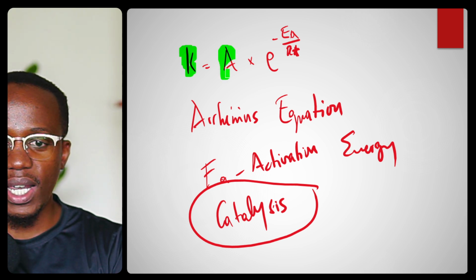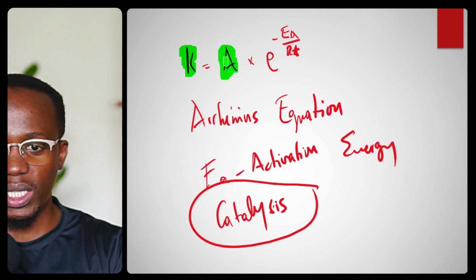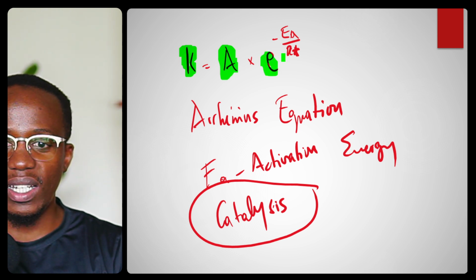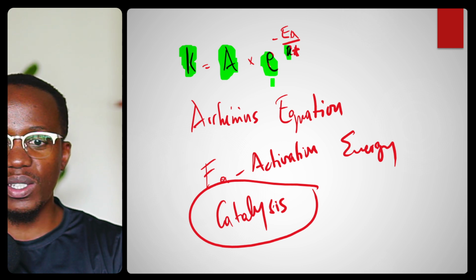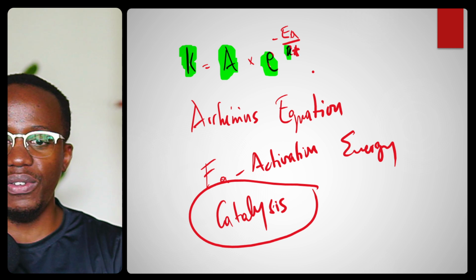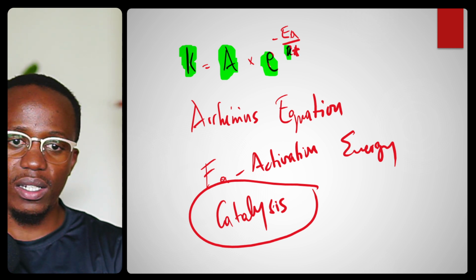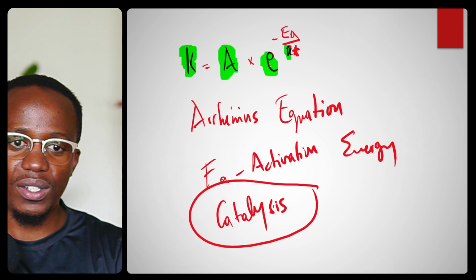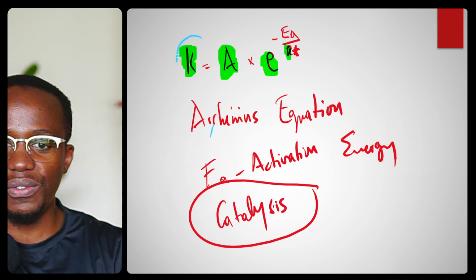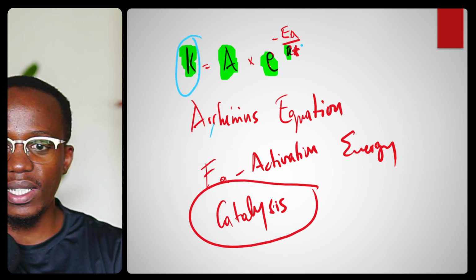A is the Arrhenius constant, which you will be given. e is a constant as well on your calculator. R is a constant as well. So for every reaction given, you can find the activation energy if you have the temperature, T, at a certain temperature.